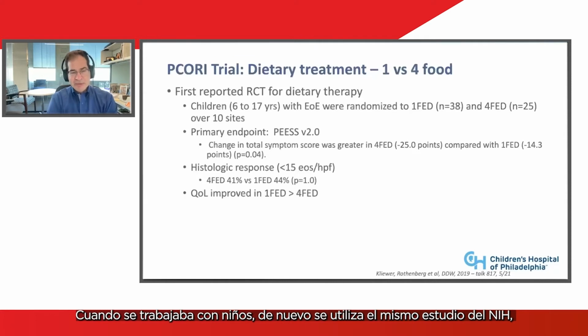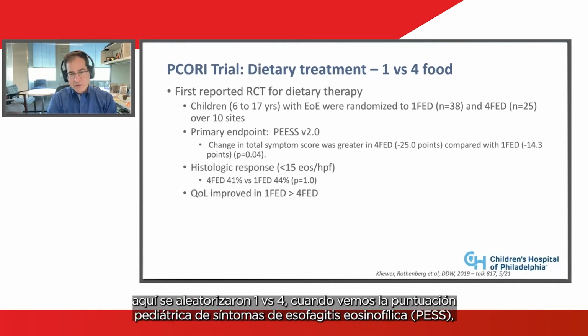When you did it in pediatrics, this was again part of the same NIH consortium, where patients were randomized to 1 versus 4 foods. And we looked at symptoms, by a primary endpoint called the pediatric eosinophilic esophagitis symptom score.